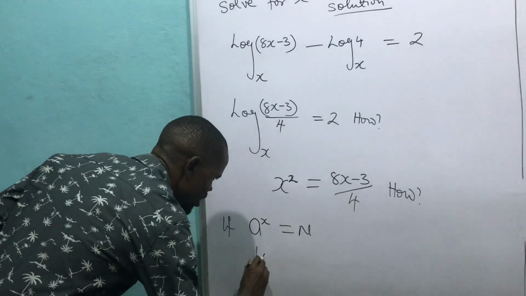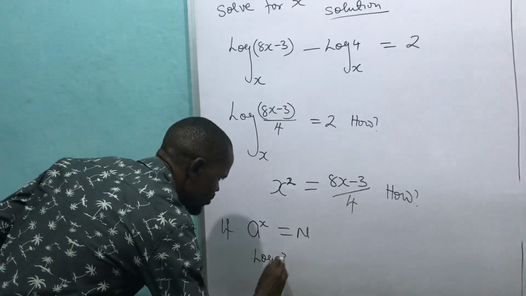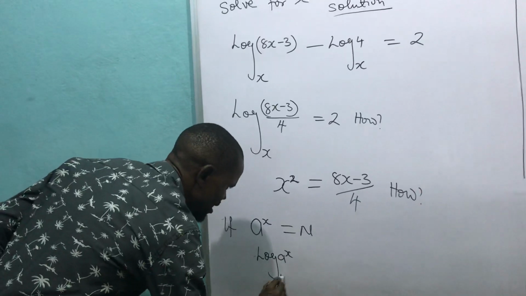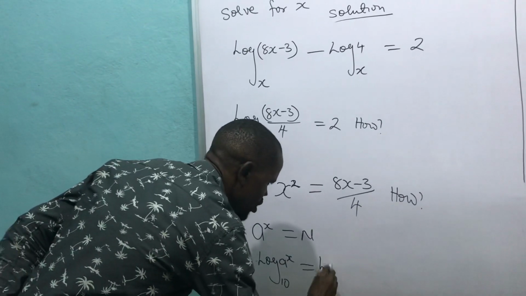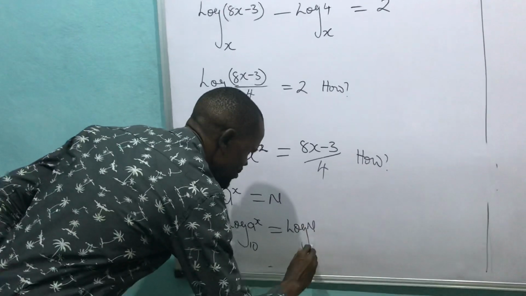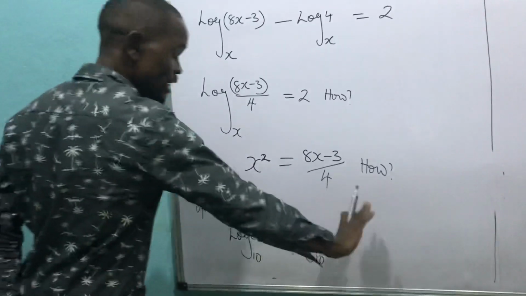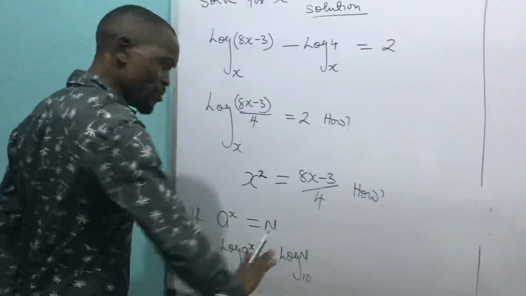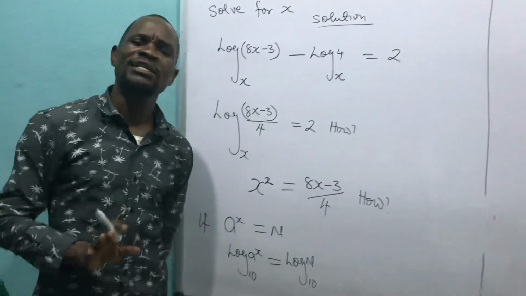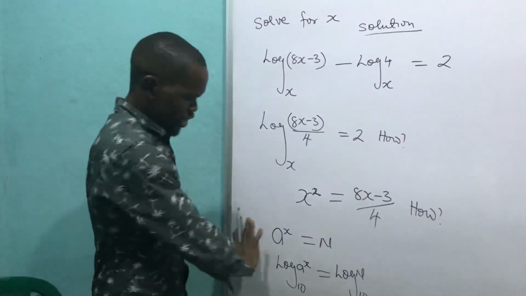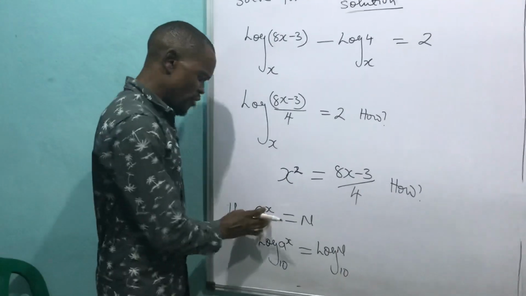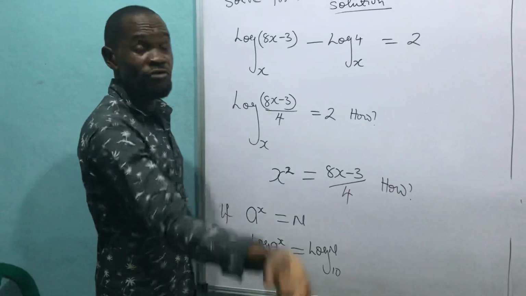Log of a raised to the power x base 10 is equal to log of n base 10. What do I mean? I'm taking the common log of both sides. Log base 10 is what we call common log.